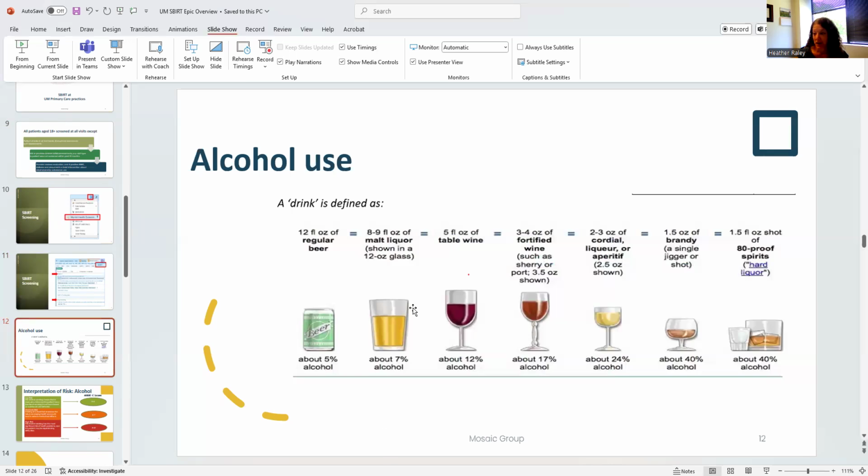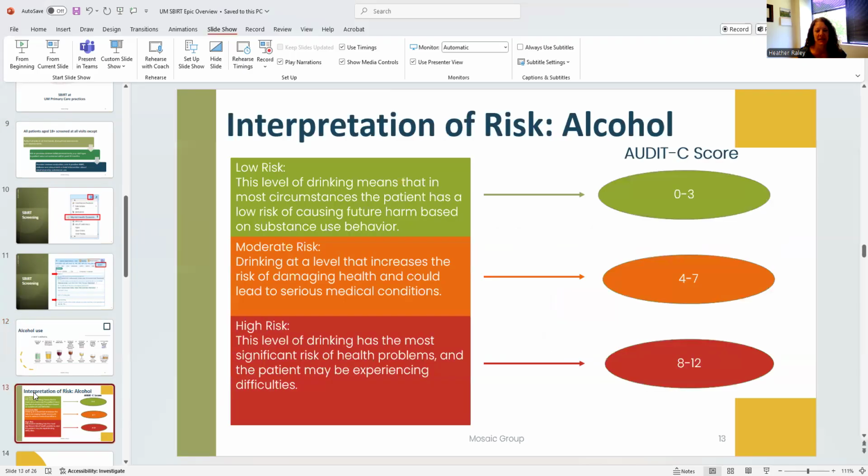Very often when we make our own drinks at home, right, we're very rarely pouring just 5 ounces of table wine or 1.5 ounces of brandy or another mixed drink that usually contains multiple shots within it. So again, please try to identify exactly what a patient is drinking and accurately record how much they're drinking if you're the MA that's completing this.